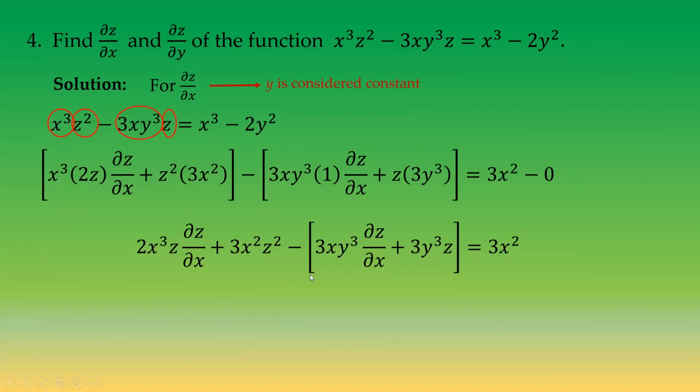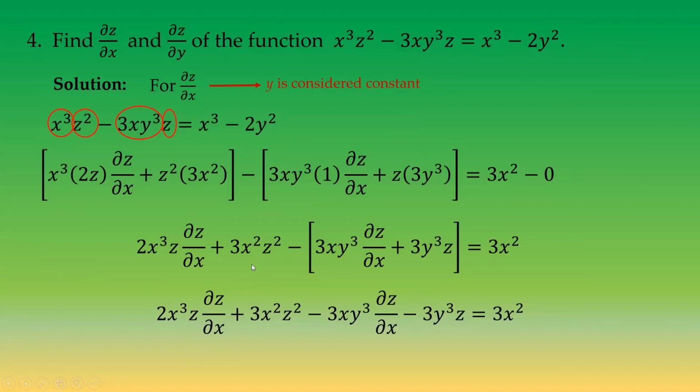Now, removing this bracket, there is a sign there, so when you remove it, it becomes negative, negative. So we have 2x cubed z dz over dx plus 3x squared z squared minus 3xy cubed dz over dx minus 3y cubed z equals 3x squared.